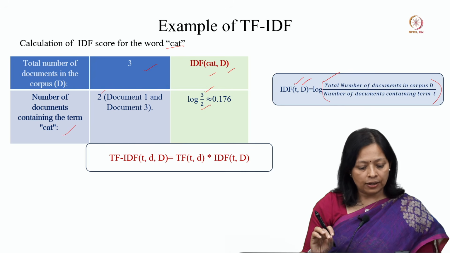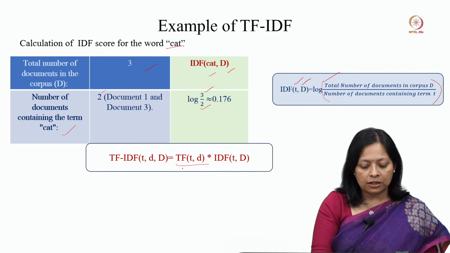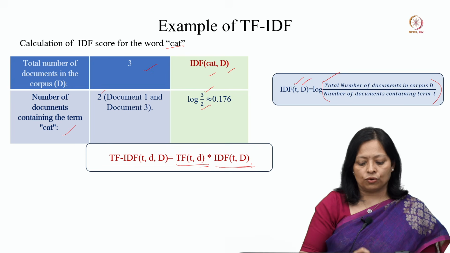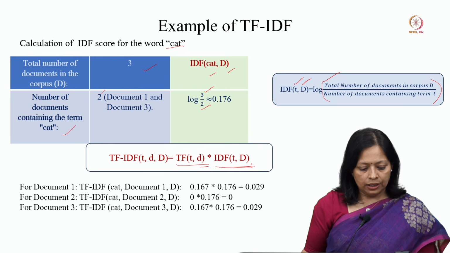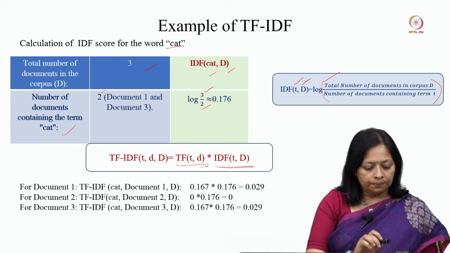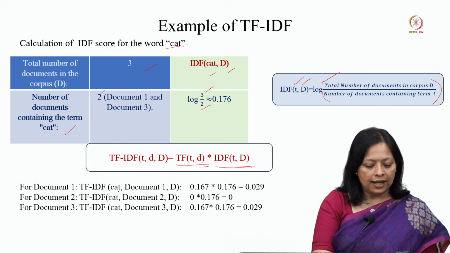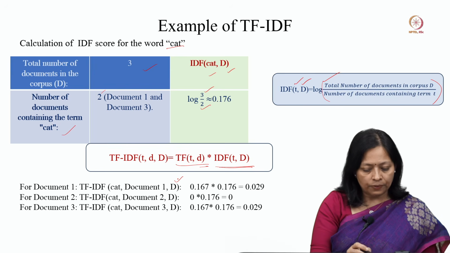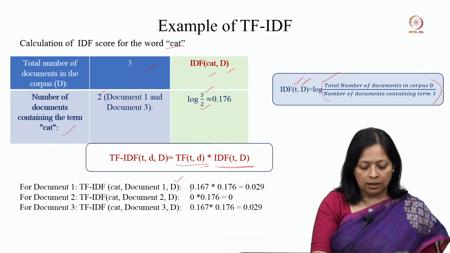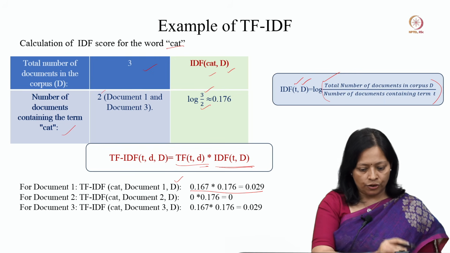Then TF-IDF calculation is done by multiplying the term frequency with the inverse document frequency. So, for document 1, TF-IDF for cat, document 1, and your corpus having 3 documents is a multiplication of these 2, which we have done the multiplications. You can cross check that one.